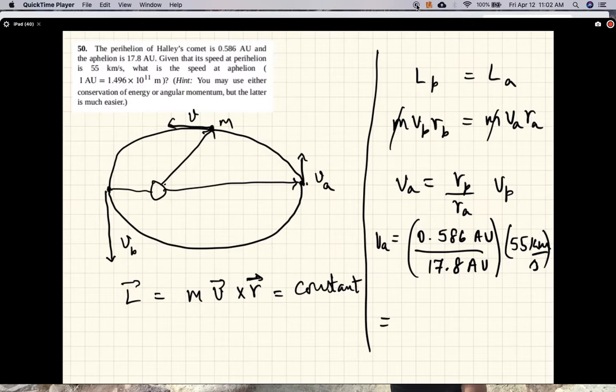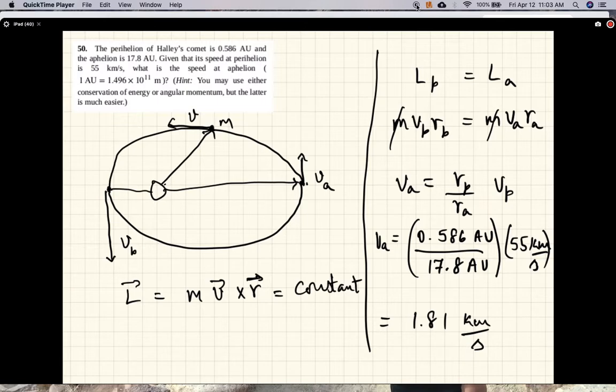And this works out to 0.586 divided by 17.8 times 55, which is 1.81 kilometers a second.